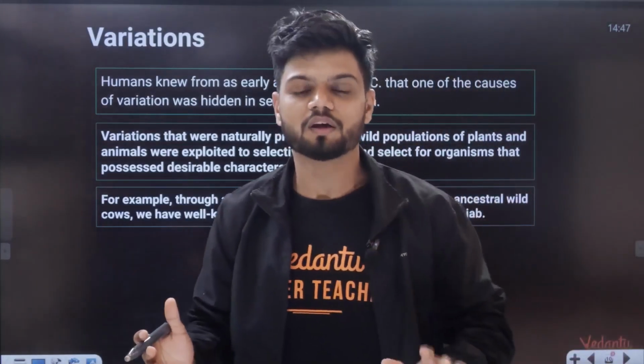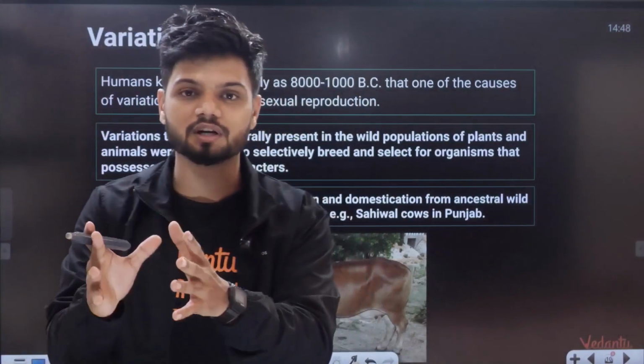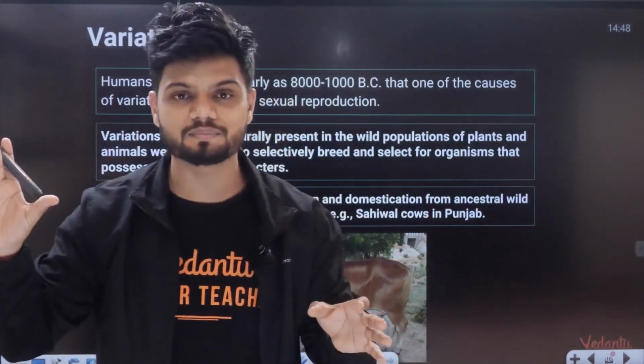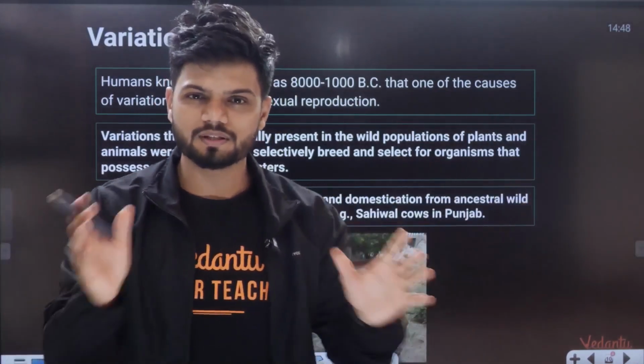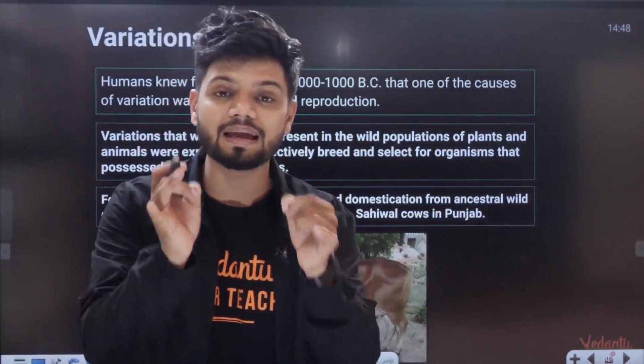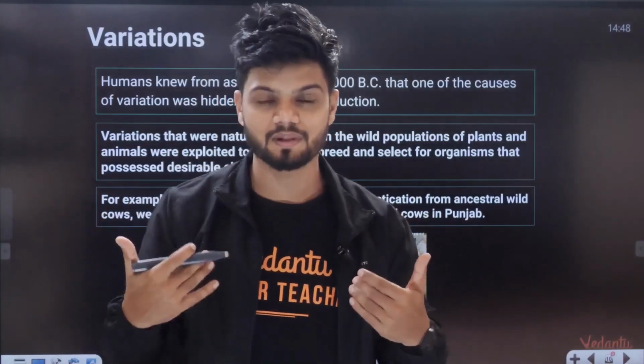Yes, we are using it. For example, inheritance and variation is mainly observed in sexually reproducing organisms. In asexual reproduction, they will produce clones. But this inheritance and variation is mainly observed in sexually reproducing organisms like humans, like cows.